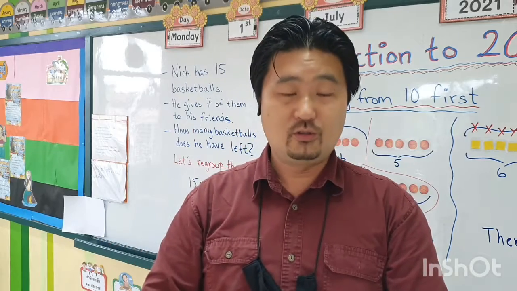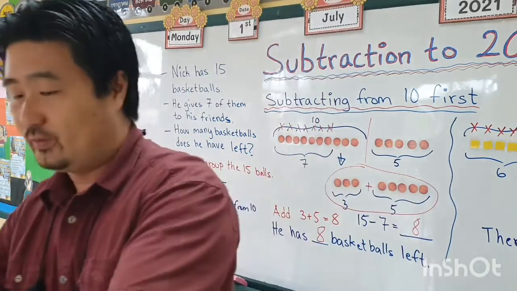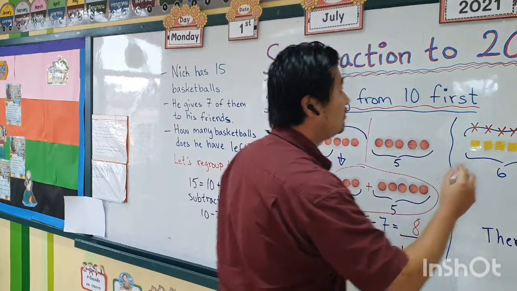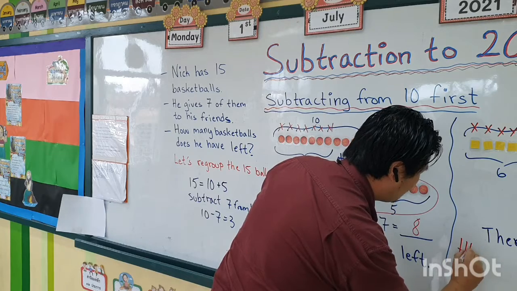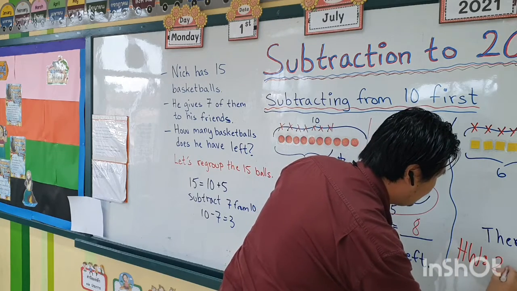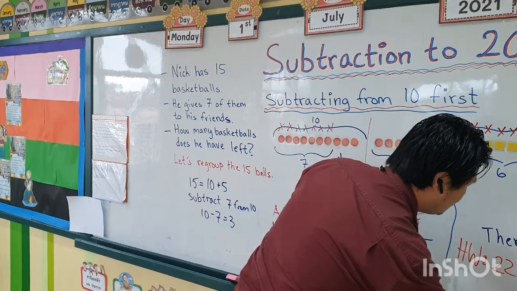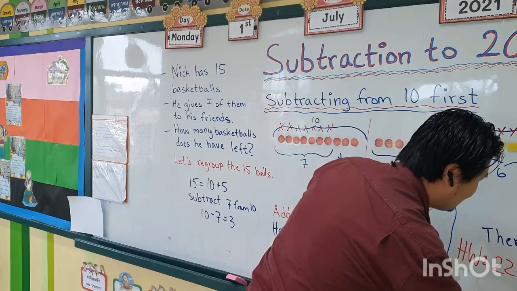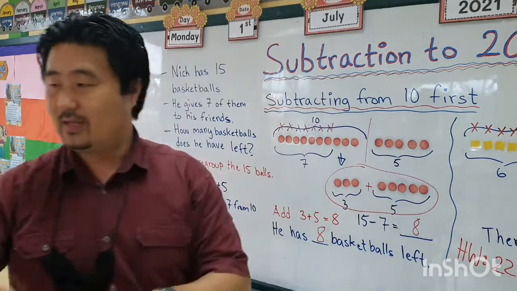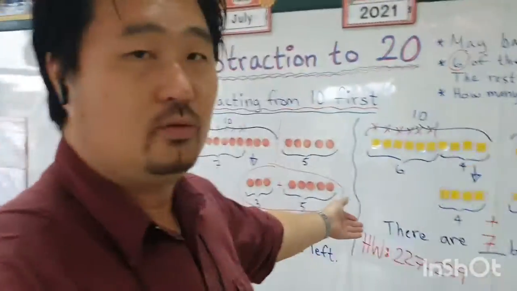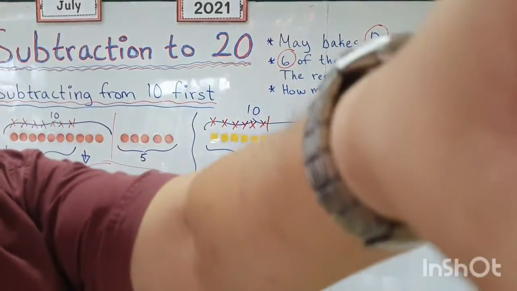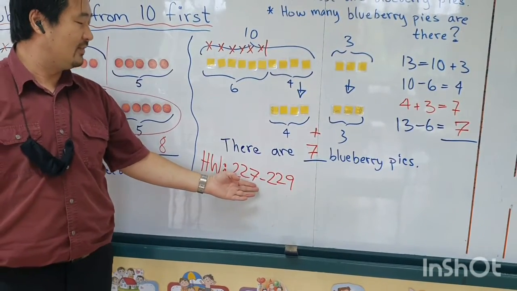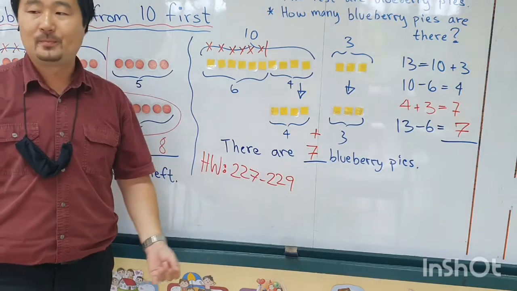So you have the whole weekend to do those 3 pages, 227, 228 and 229. So, homework: pages 227 to 229.